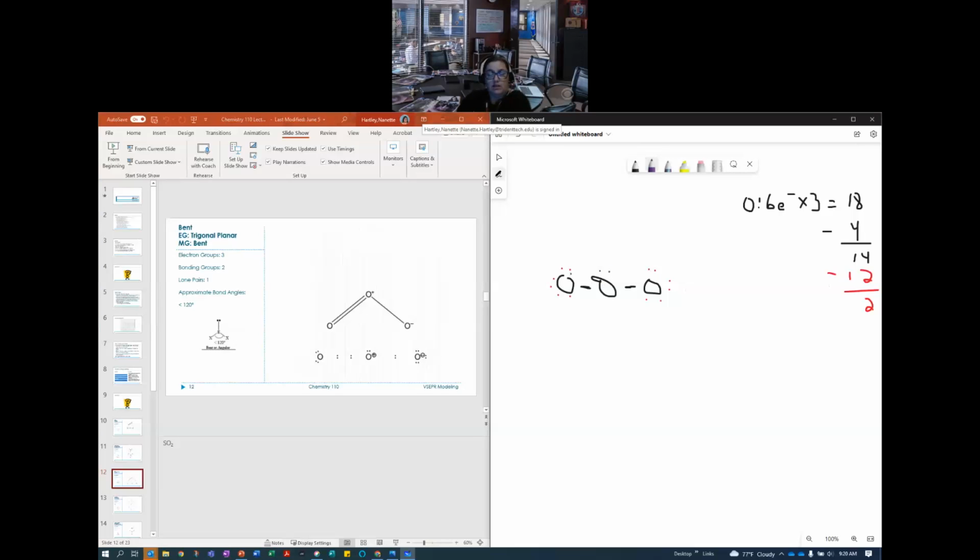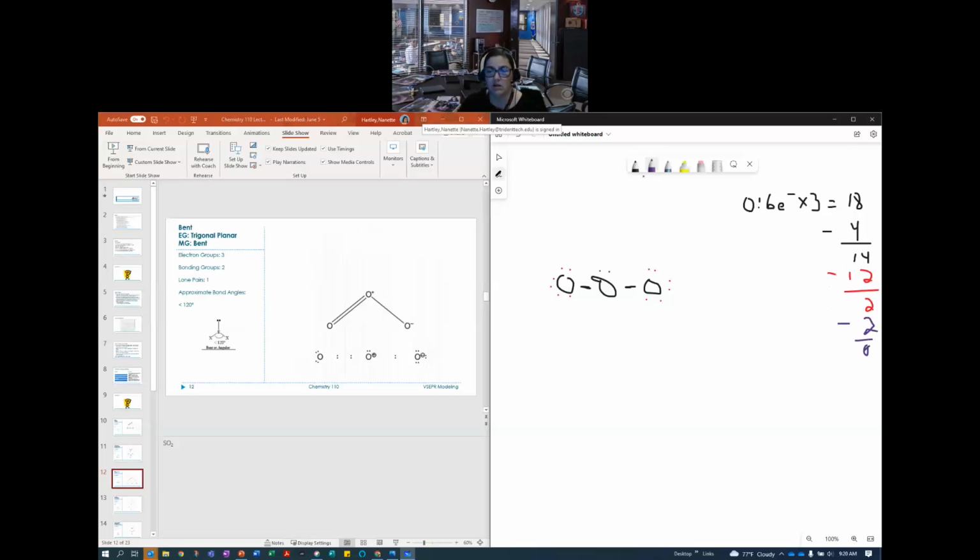Each oxygen on the outside has a full octet: the 6 electrons in the lone pairs and the 2 electrons in the bonding pair. My central oxygen, on the other hand, has the 2 from the lone pair and only 4 that it's sharing. So there's not a full octet around the central oxygen, even though I've distributed all of my electrons.